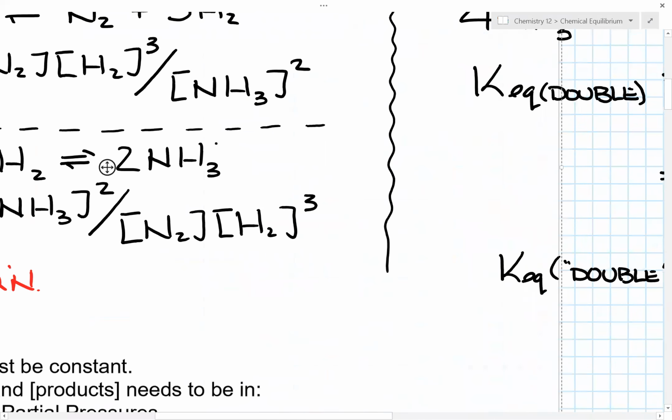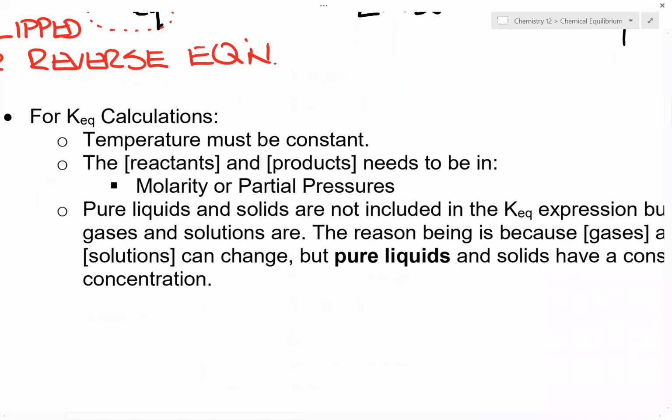A couple of things about KEQ. For KEQ calculations, temperature must be constant, okay? And the concentrations of reactants and products need to be in molarity or partial pressures. Now, for those of you who did AP, you should know what partial pressures are.